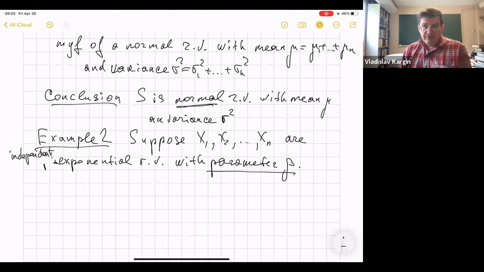So if you apply this method, you'll get the MGF of this X_i.